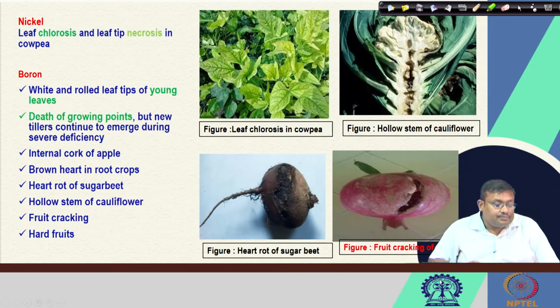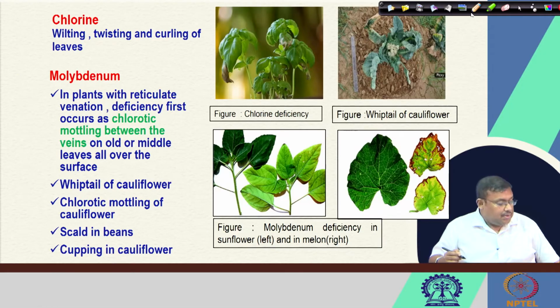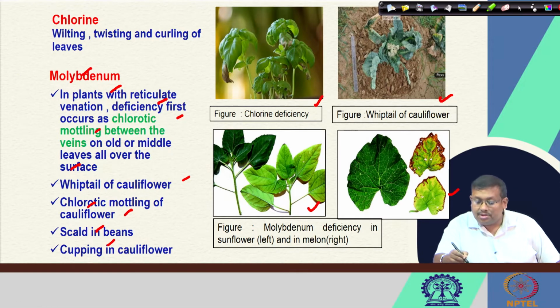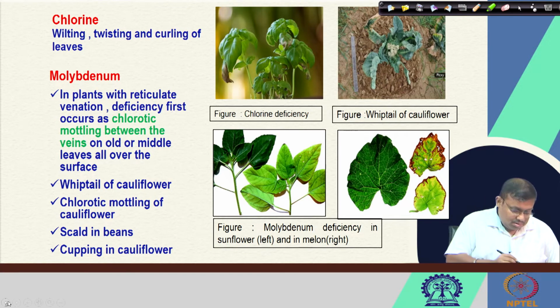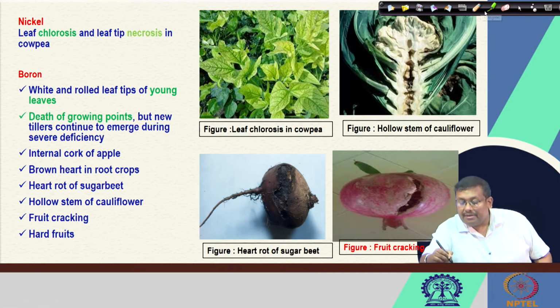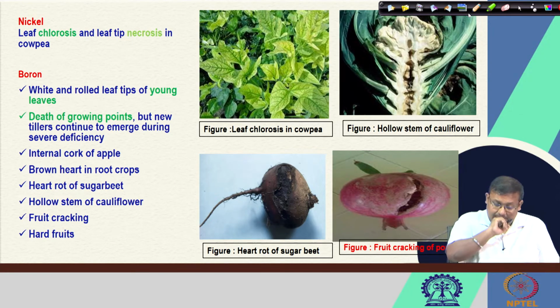Now, if we talk about nickel deficiency symptoms and boron deficiency symptoms: in case of nickel, leaf chlorosis and leaf tip necrosis in cowpea can be seen.